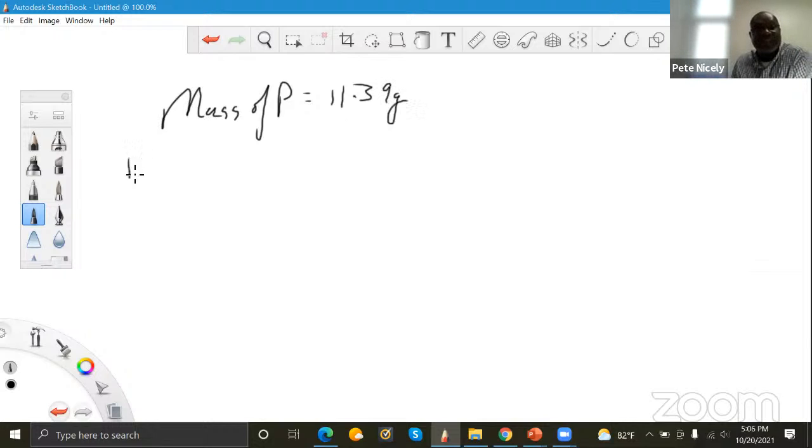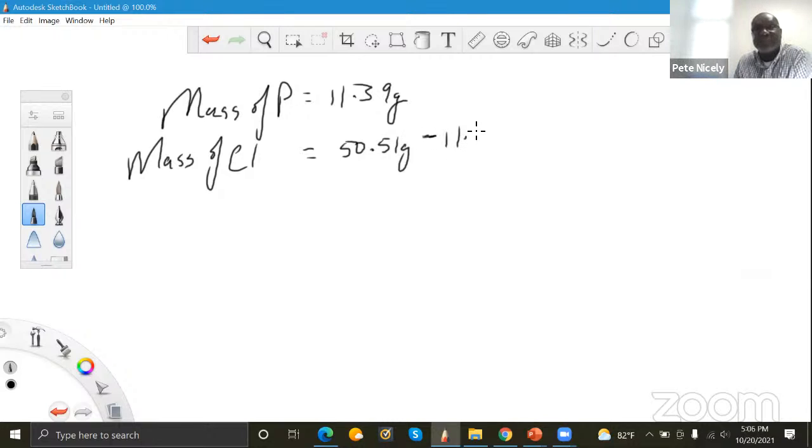So to find the mass of chlorine, that would be equal to the 50.51 grams minus the 11.39 grams. And according to my calculation, that is equal to 39.12 grams.